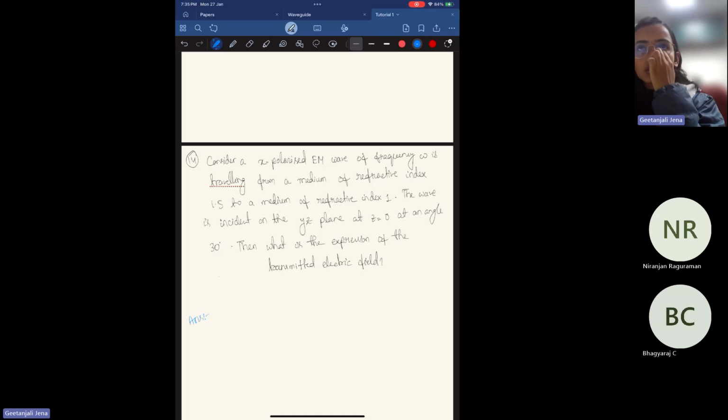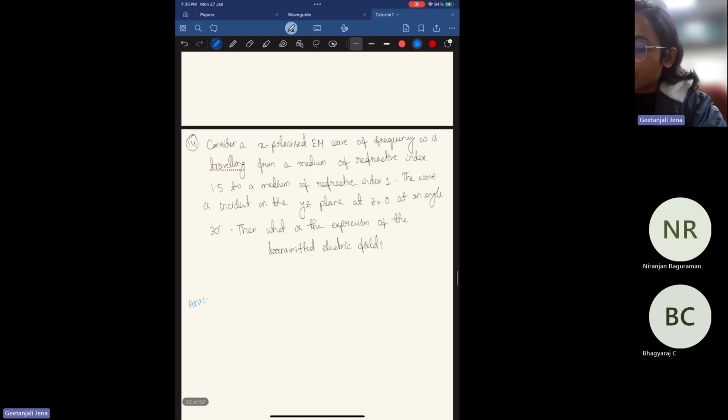Okay, so in this situation, as I said before, it's better to draw the ray diagram first. Then you can calculate the component of the wave vector in different directions, and according to that you can write down your expression. So the wave is traveling from the refractive index 1.5 medium like this.